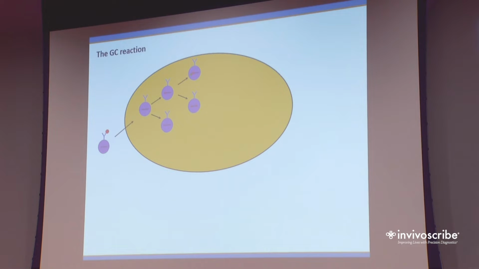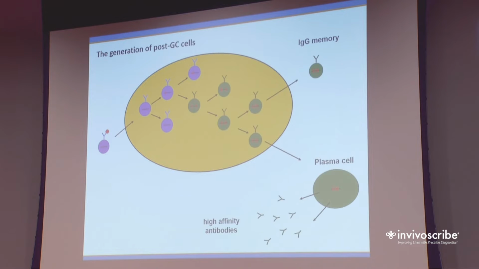Also, part of the progeny may class switch, for example, to IgG, and then further rounds of proliferation, mutation, and selection will lead to the outcome of the germinal center reaction with a long-lived and high-affinity plasma cell secreting high-affinity antibodies to assess the invading pathogen.